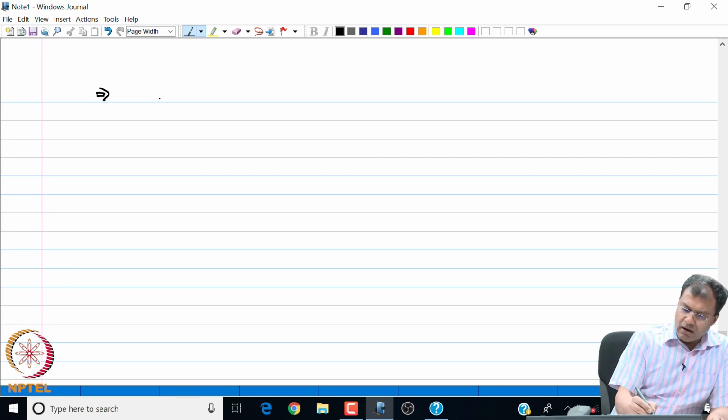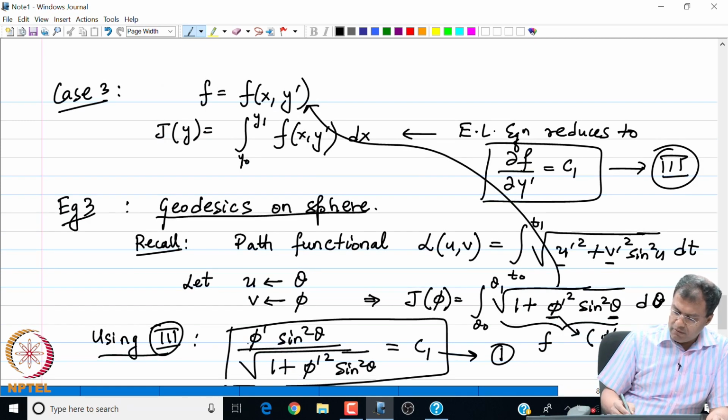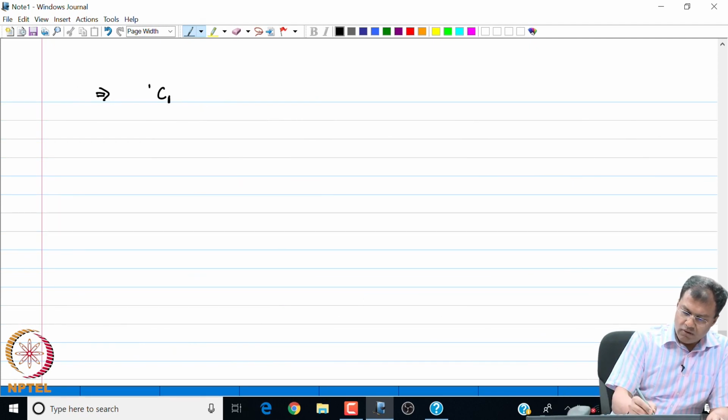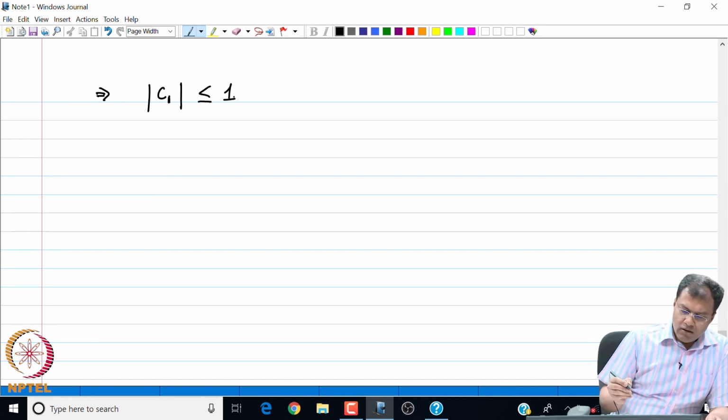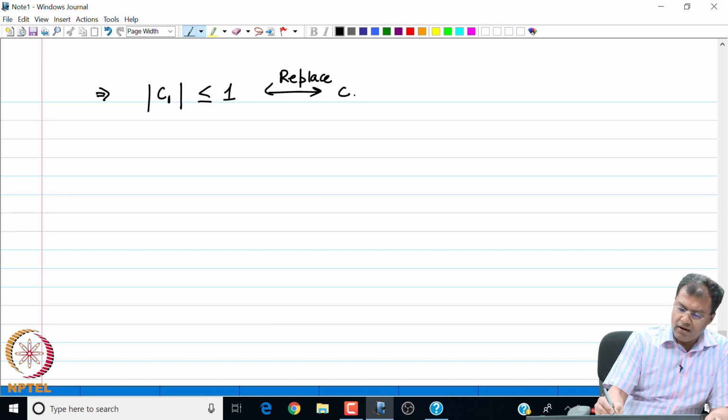It says that the constant on the right hand side, if this particular quantity is less than 1, then the absolute value of the quantity on the right hand side is also less than 1. So, I have that C1 is less than 1, right. Which means I can replace C1 by a quantity which is bounded above by 1, let us say sin alpha.